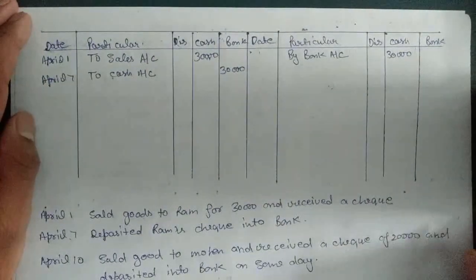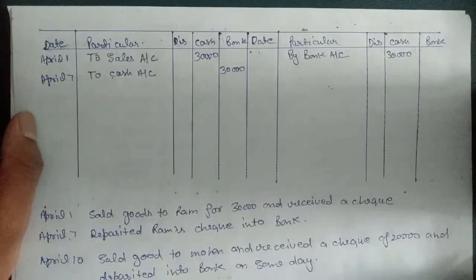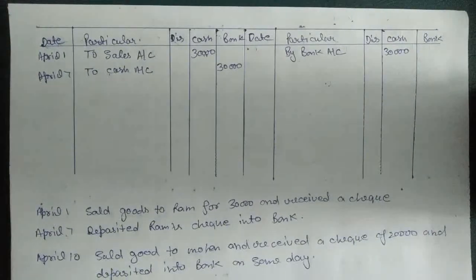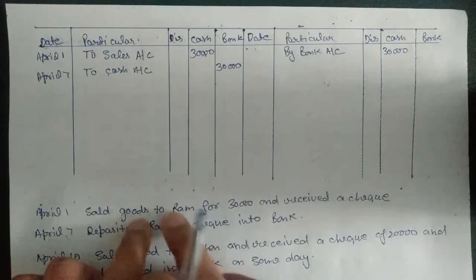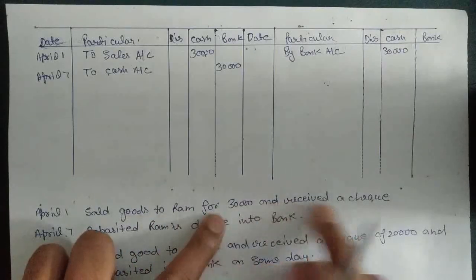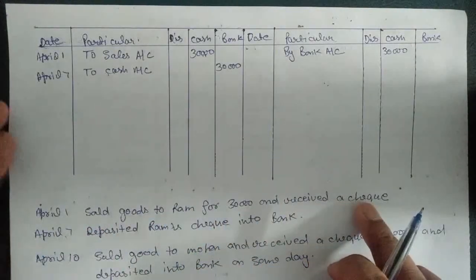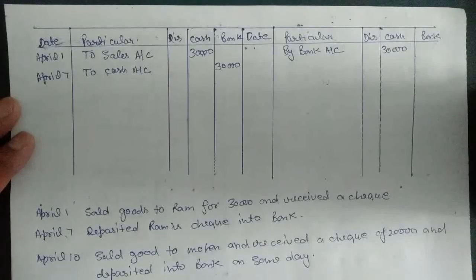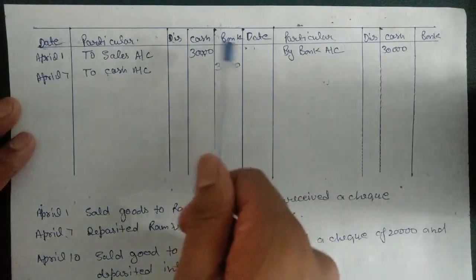So when we are receiving a check, we need to check whether there is any other entry for that check on any other date. If the entry is just that we sold goods to Ram for 30,000 and received a check, and no other entry for depositing is mentioned in the whole question, then we directly deposit into the bank account.